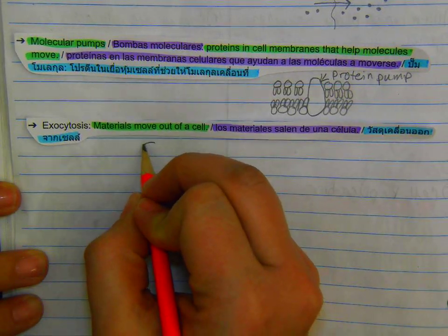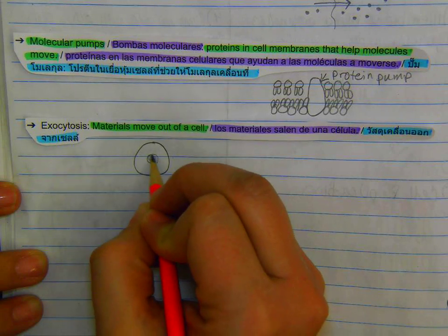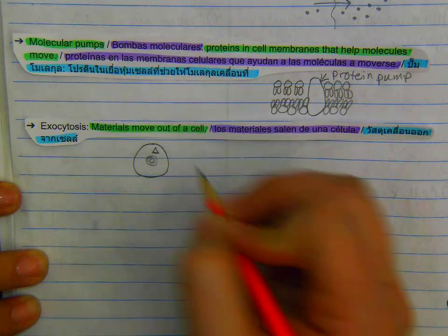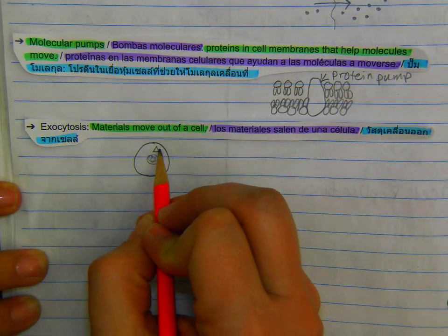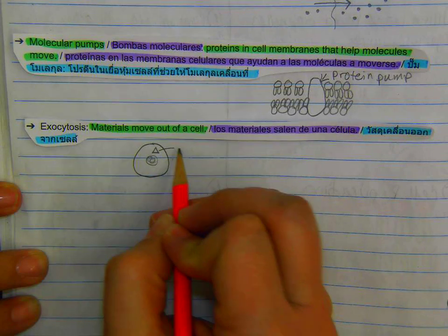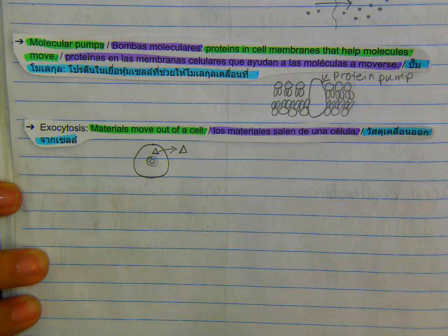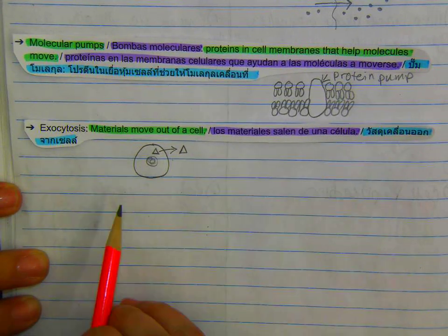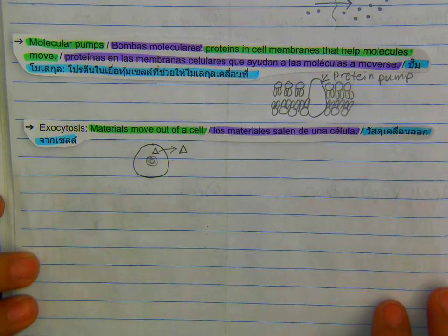So we could draw a cell, and let's give ourselves a little nucleus and DNA in there. And maybe there is some substance on the inside. In exocytosis, this moves out of the cell to now be out here. It takes energy to move the cell membrane and push that all the way out. So it's a type of active transport, exocytosis.